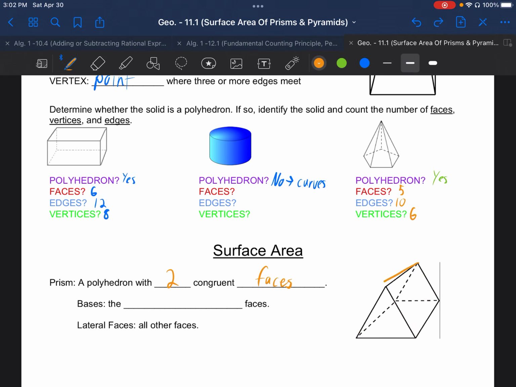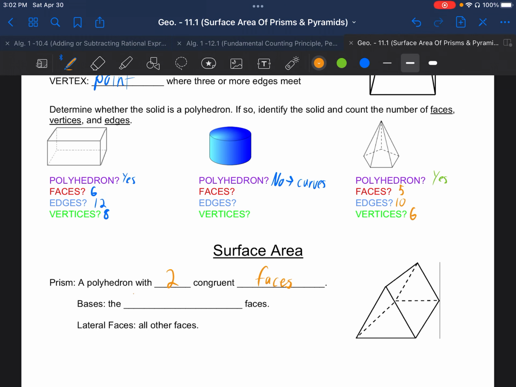Now you might be saying, well, Mr. Cross, what about these rectangles on the sides and on the bottom? Well, because it's defined as two congruent faces, those cannot be it because that's three of them. So we can look at this as being the front and the back, and the rest as being the sides.